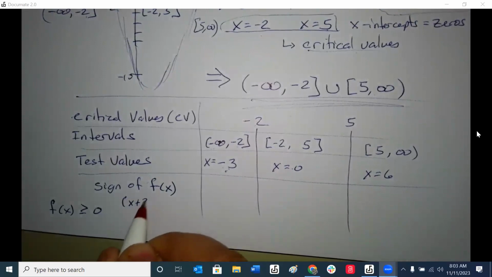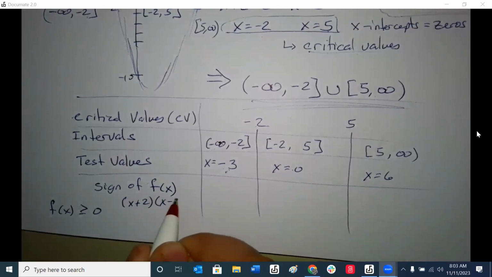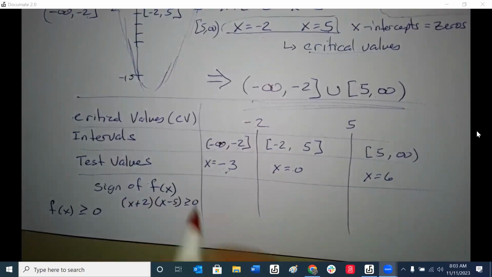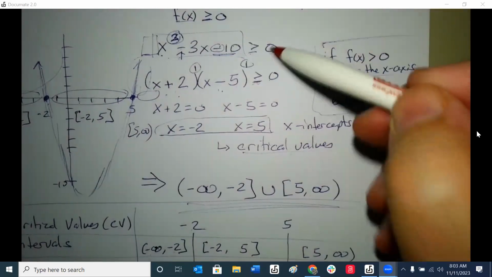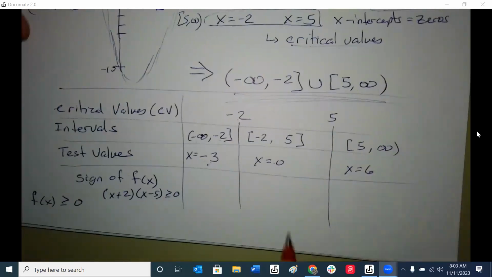I'm going to use it in this factored form because that's what our function factors out to. So remember, since it has to be greater than or equal to 0, it has to be above the x-axis. So I'm only looking for the ones that are positive.